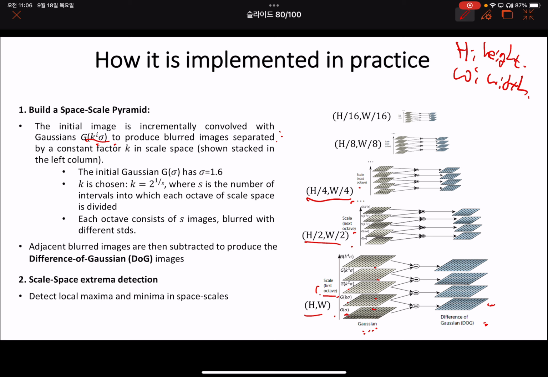So this is the first octave, but there are 4 scale images, where the images from the same octave but different scale are convolved with different Gaussian filters with different standard deviations. That is some of the actual implementation of how we can get DoG.